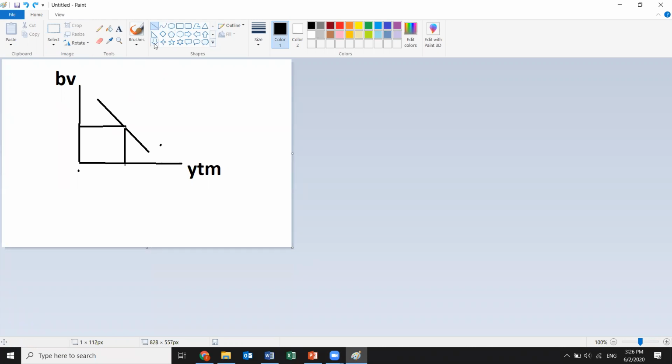But when it comes to convexity, it says that the relationship between the bond value and YTM is not linear, it's a curvature. It means that it goes like this. It's a kind of convex, a U-shaped curve, okay?